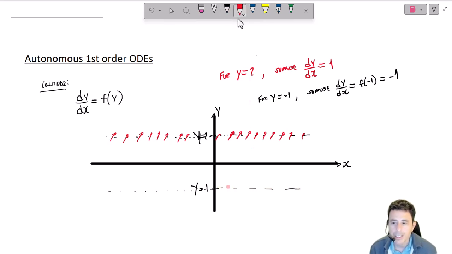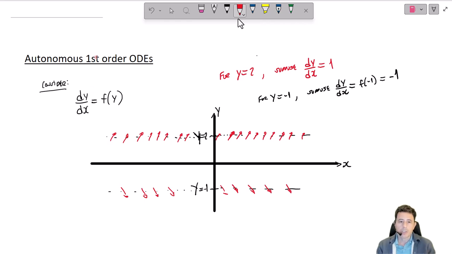That means that the slope will be like this throughout the whole line for y equals -1. Again, it doesn't matter what x is because x doesn't change this. Only y can change this. So it doesn't matter if x is 1 or 2, the derivative is always the same.